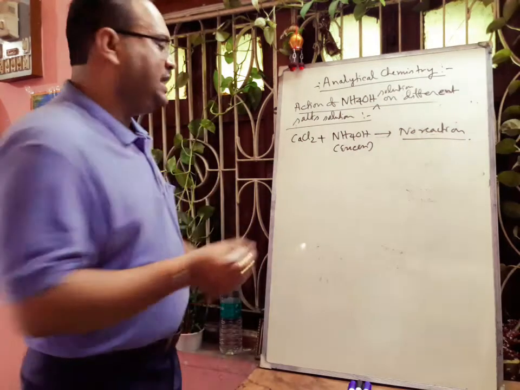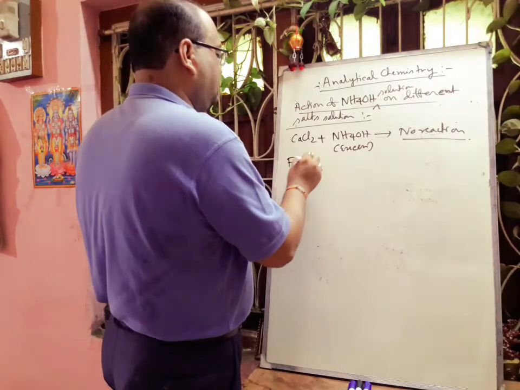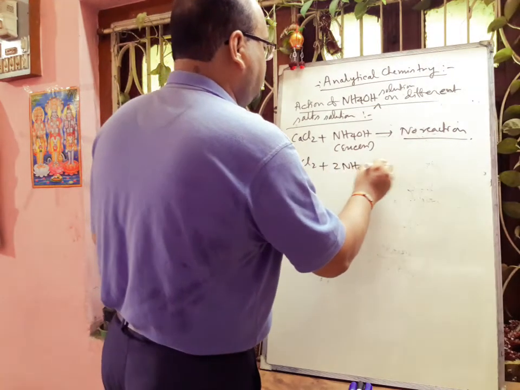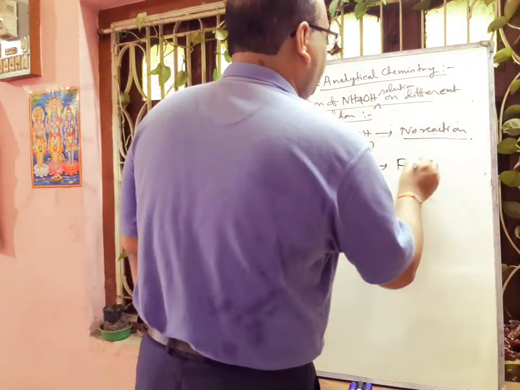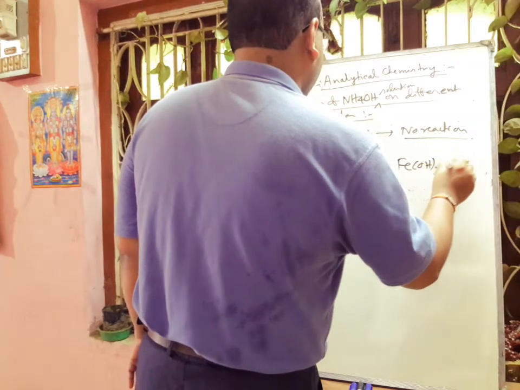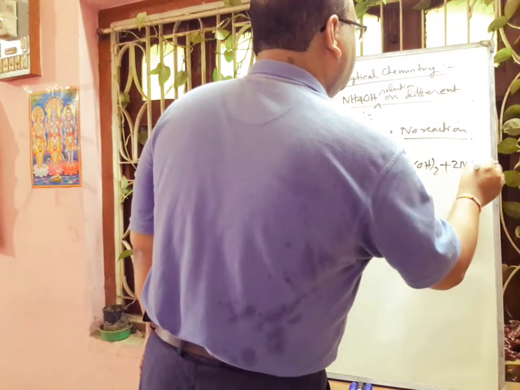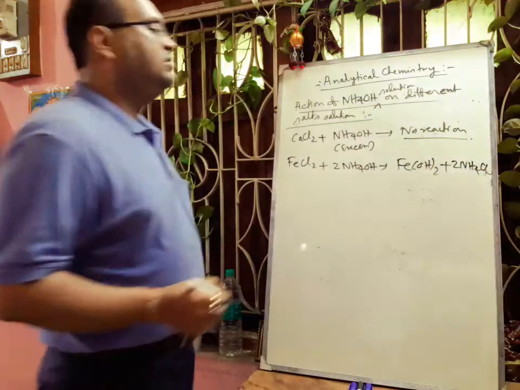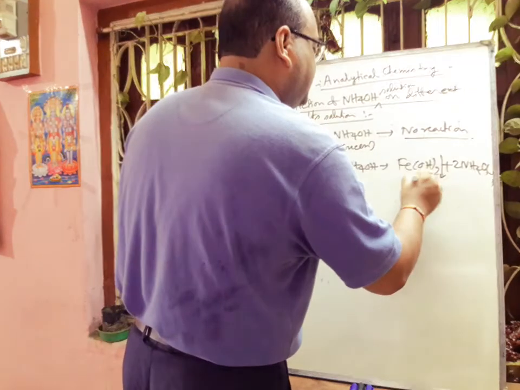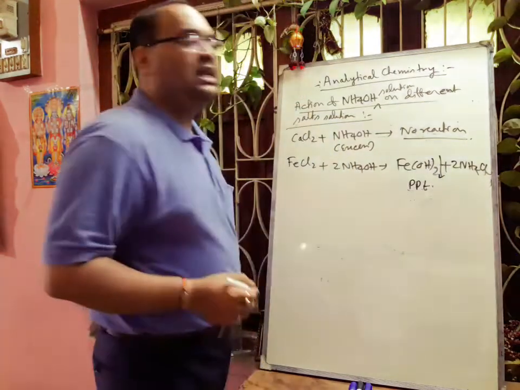Next, if we take ferrous chloride and if we add ammonium hydroxide solution, then there will be formation of ferrous hydroxide plus 2 NH4Cl. Now ferrous hydroxide will form one precipitate, and what will be the color of the precipitate?